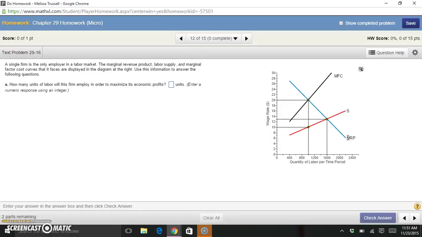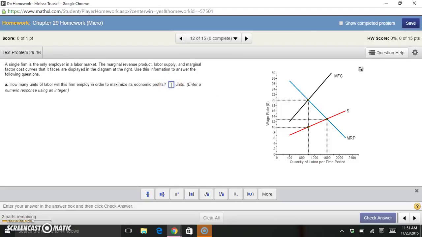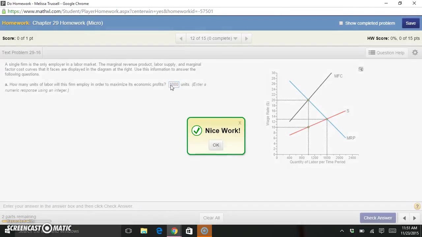So just like in product markets, we choose our quantity based on where marginal cost equals marginal revenue. In this case, that's where the black line and the blue line intersect, here at 1,000 workers. So we know we want to hire 1,000 workers, because that's where marginal revenue equals marginal cost, which is always our profit maximizing rule.